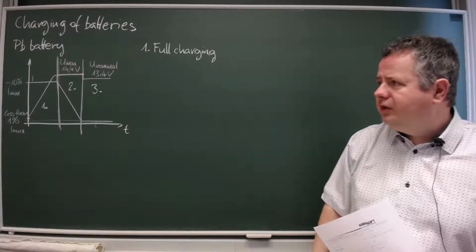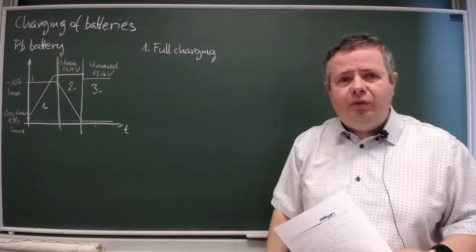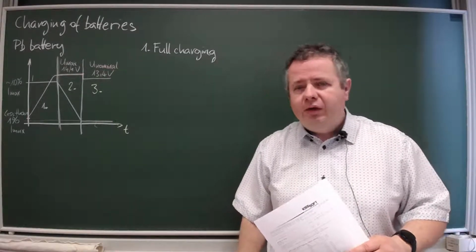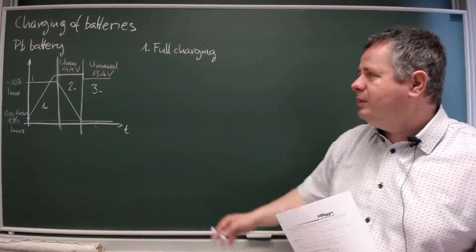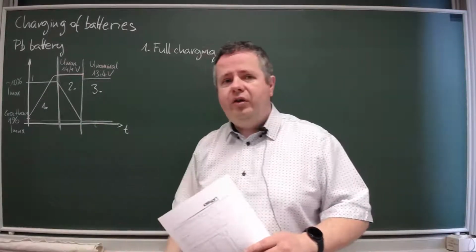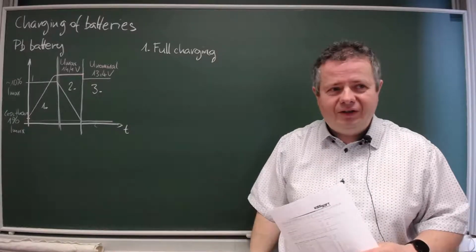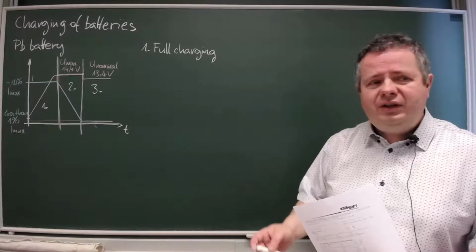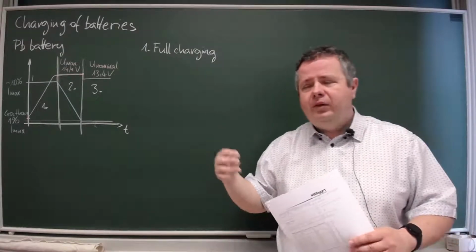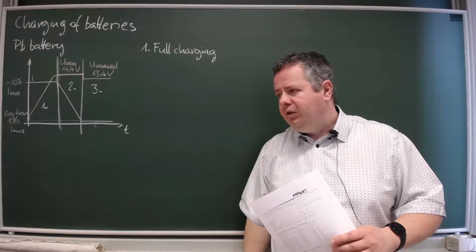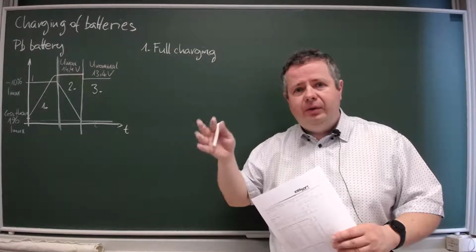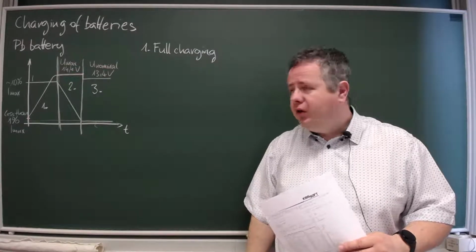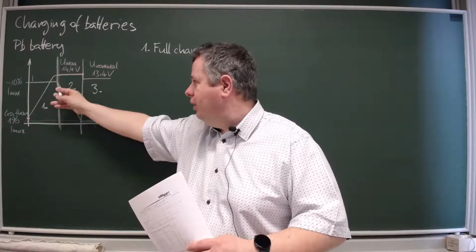The strong current is applied till the tension of the lead battery reaches the nominal or the maximal value. What happens once we have reached the maximal value? If we continue the high current, it will start to boil the water in the electrolyte. So it's not needed to continue. And the bubbles in the electrolyte can remove the jelly material from the lead grid. So it's dangerous. So we've got to shut down the current.